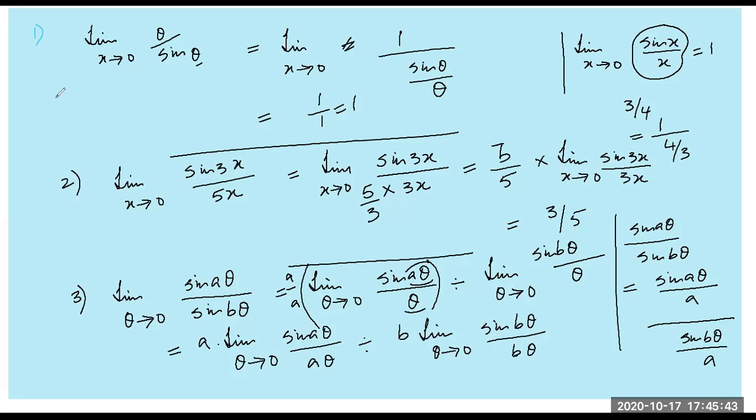I hope you remember that limit x approaches 0 of lambda f of x would be equal to lambda can be taken outside. Lambda is constant, right? So this would be equal to a divided by b. We got the answer.